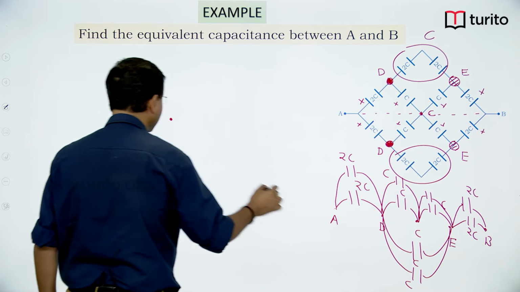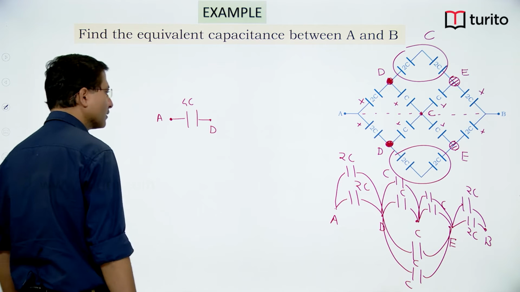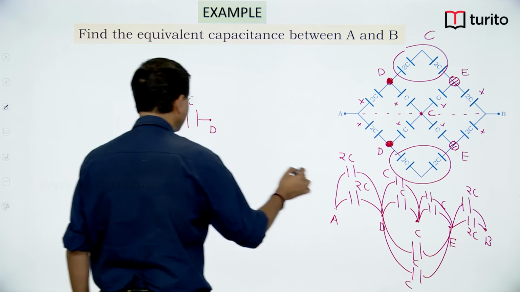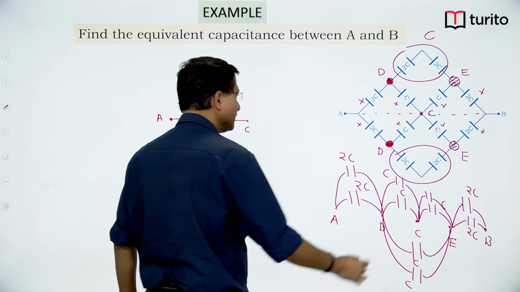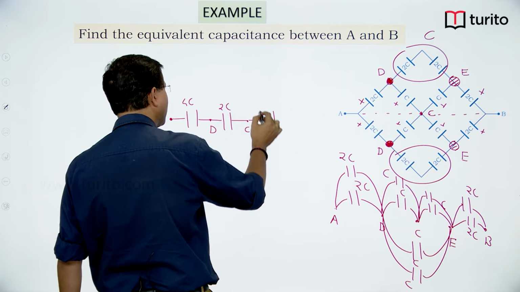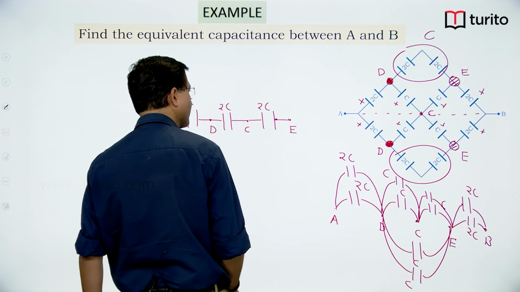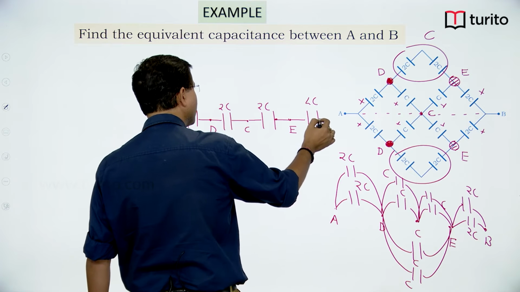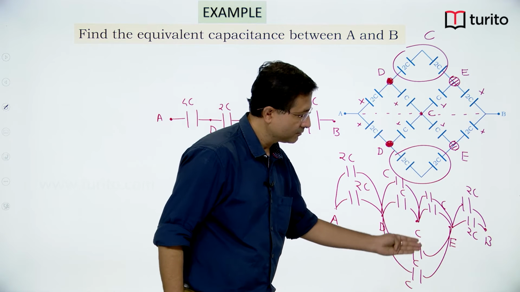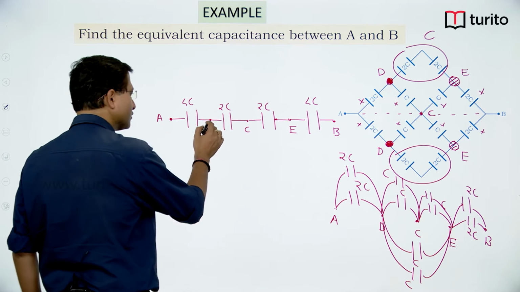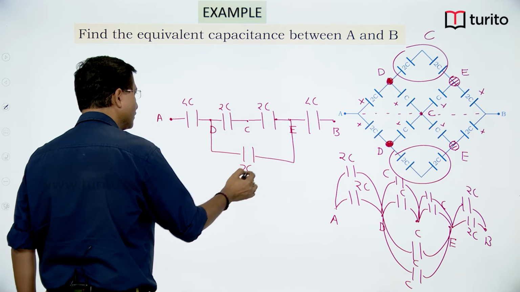So, between AD I can see 4C, between DC 2C, between C again 2C, between EB 4C, and then these two 2C, right. So, between D and E I can draw 2C.